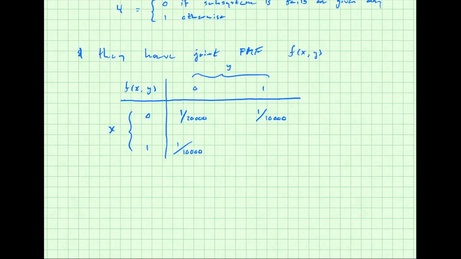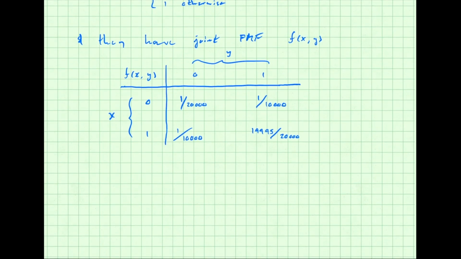And the probability for both to be 1, which means everything's fine, right? Both systems are working. That's close to 1. 19,995 over 20,000. So 5 out of every 20,000 days both fail, say. Right? So that's what this says.